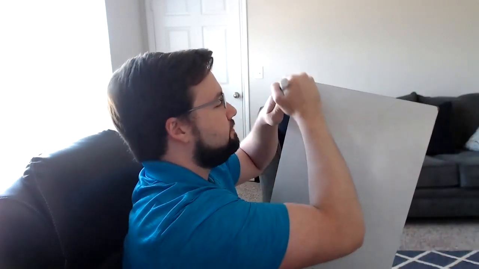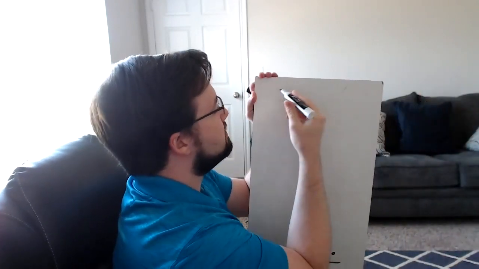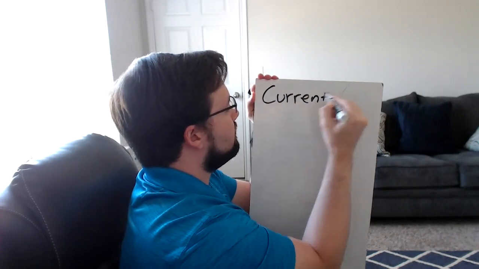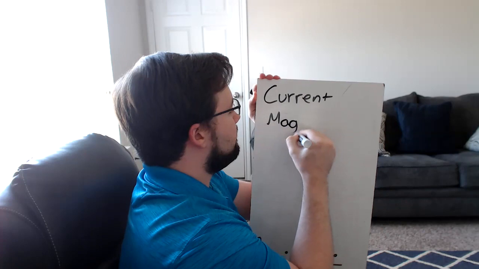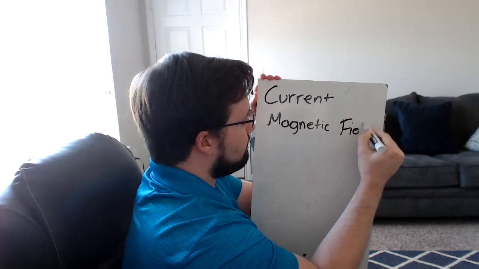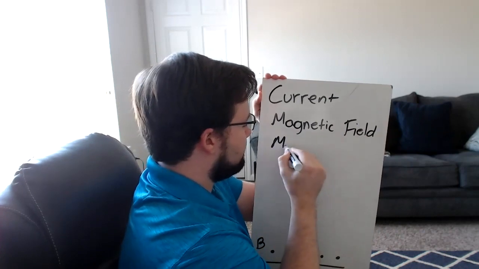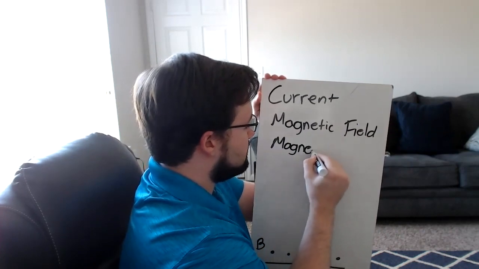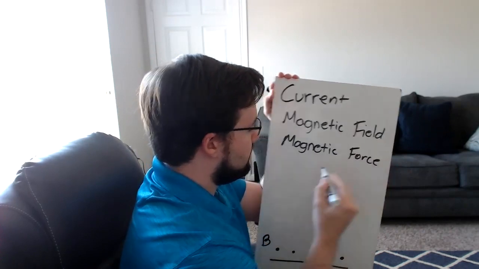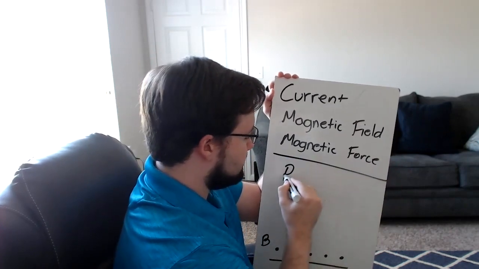And here's why. The key to this is that current, the magnetic field, and the magnetic force acting on the current are all going to be perpendicular to each other.